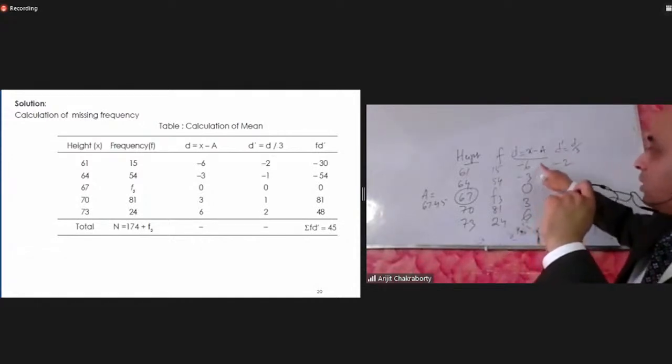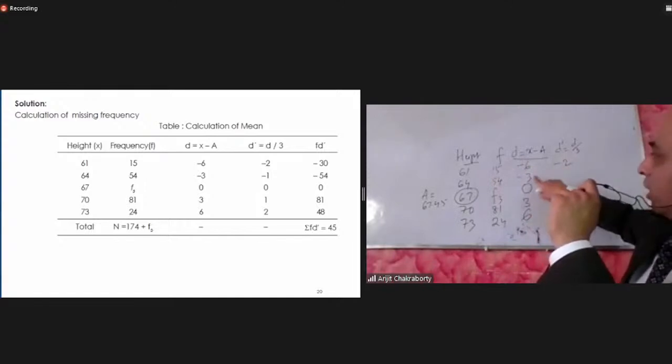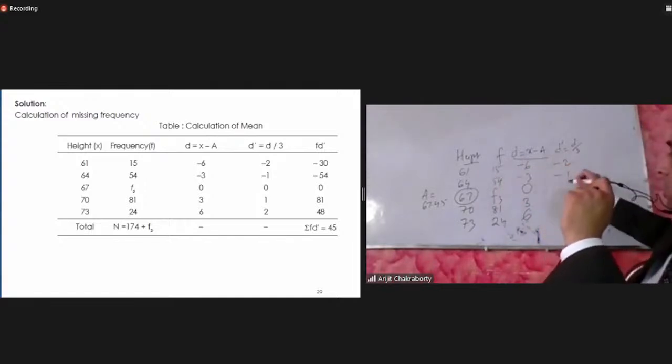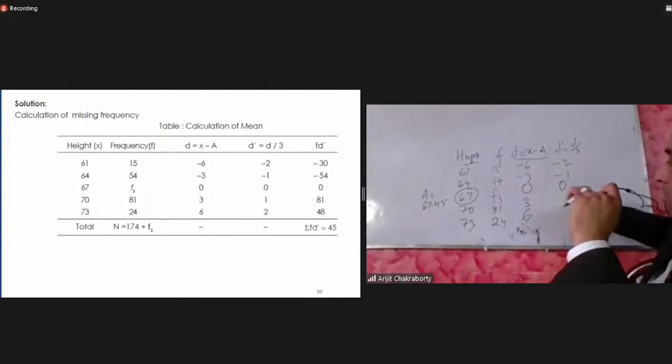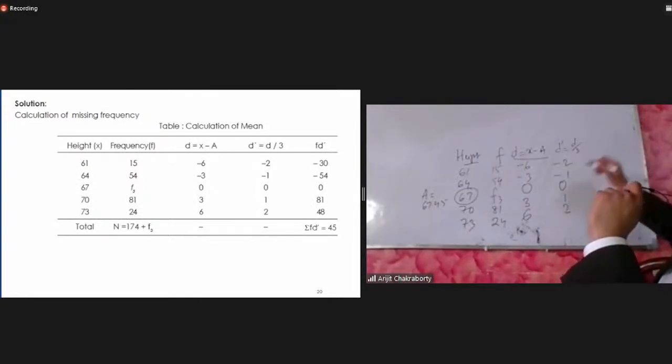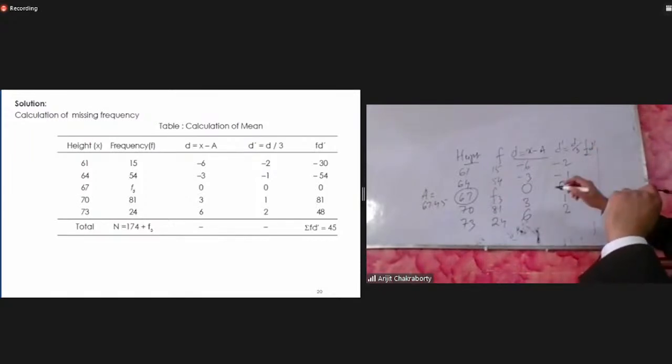Minus 6 divided by 3, I'm getting minus 2. Minus 3 divided by 3 gives minus 1. 0 remains 0. 3 divided by 3 is 1. 6 becomes 2. Now I will multiply f and d dash.